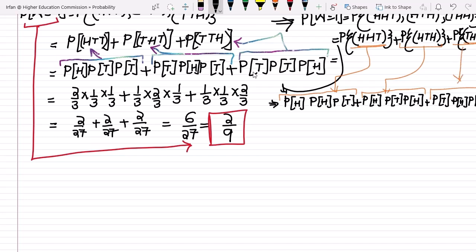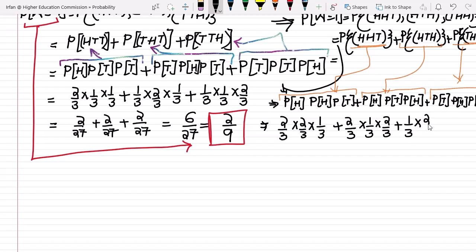So again, let me put the values of the probabilities. The probability of heads is 2 by 3, and the probability of tail is 1 by 3. So for the first event we have 2 by 3 multiplied by 2 by 3 multiplied by 1 by 3, and similarly for the others, each with denominator 27.